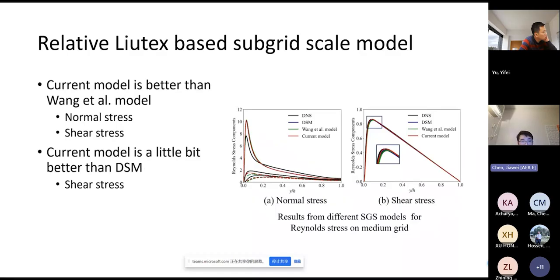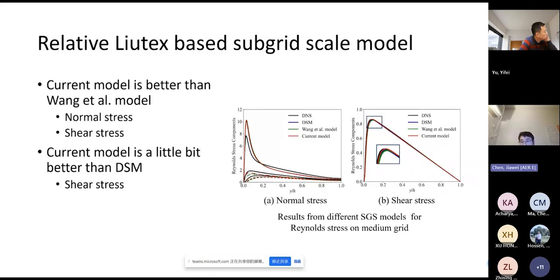And then in this slide, let me show some normal stress and shear stress components. For normal stress, on the left, you can see our current model performs better than the original Liutex model, especially in capturing the peak near the wall and the correct decay rate moving toward the center line.